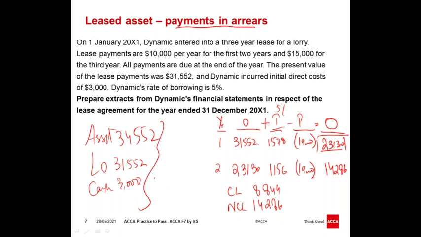Depreciation will be based on 34552 divided by lease period and useful life, whichever is lower. So we don't have any useful life in this question. Yeah, it's 3 years actually. So 34552 divided by 3 years.